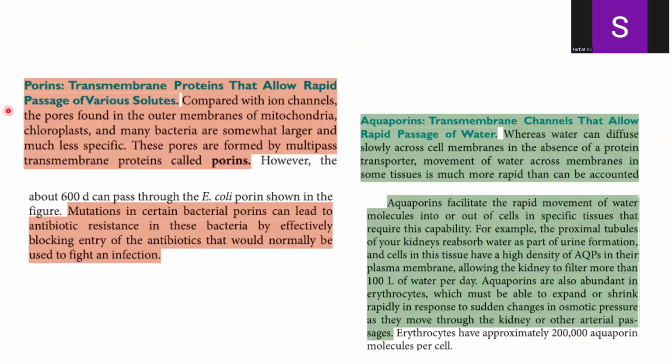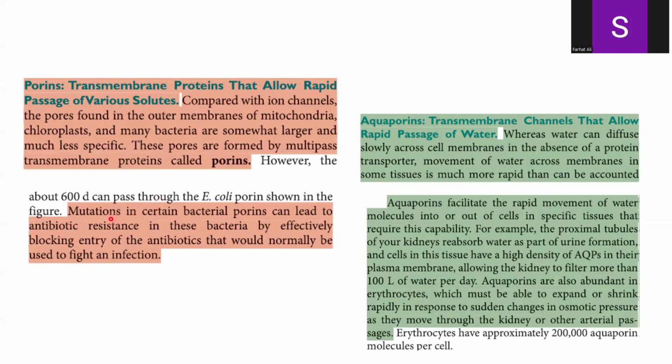Then there are porins. Porins form pores in the membrane, and they are important for the transport of different types of substances. Like aquaporins, they transport water. So porins are important for the transport of many different types of substances.